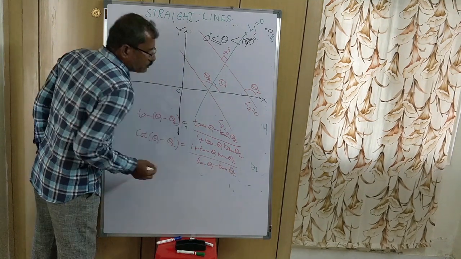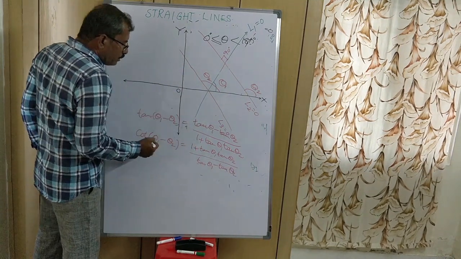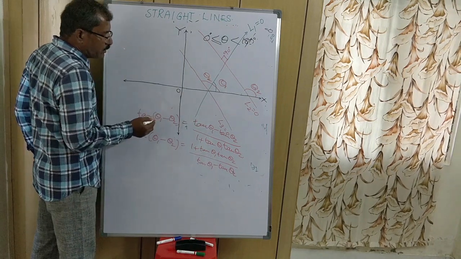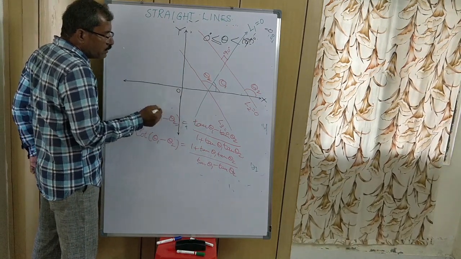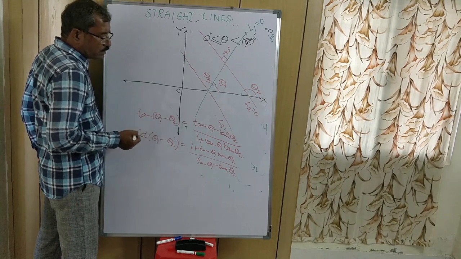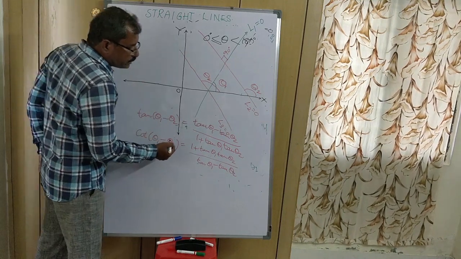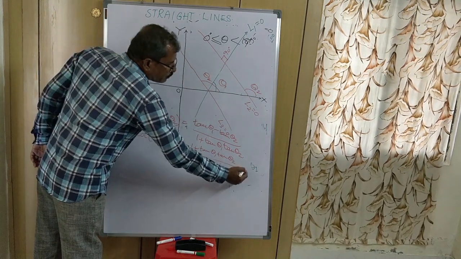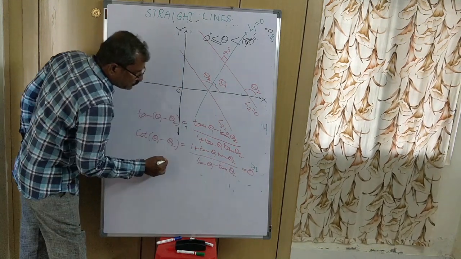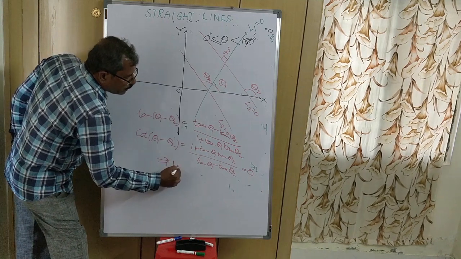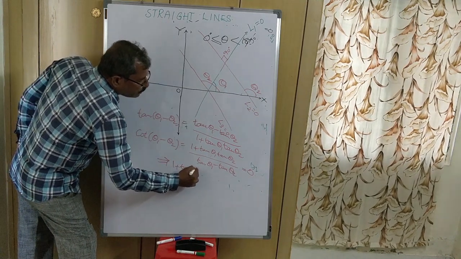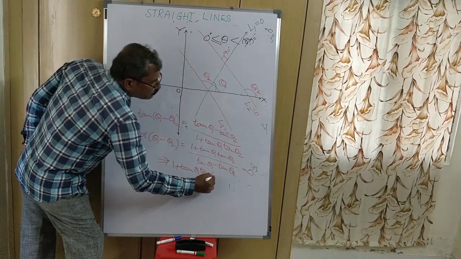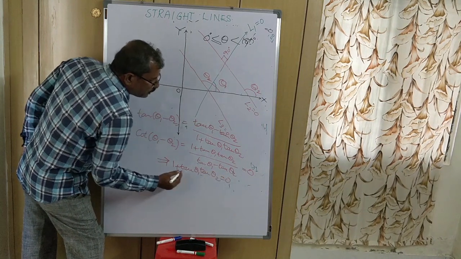The difference between these two is 90 degrees. Cos 90 degrees is equal to 0. So this is 0, which means 1 plus tan theta 1 into tan theta 2 is equal to 0. That means 1 plus m1 into m2 is equal to 0.